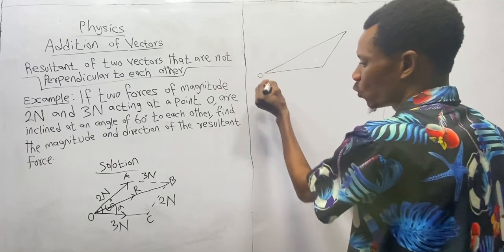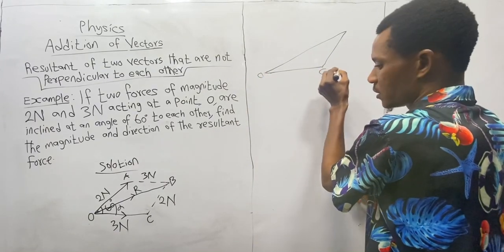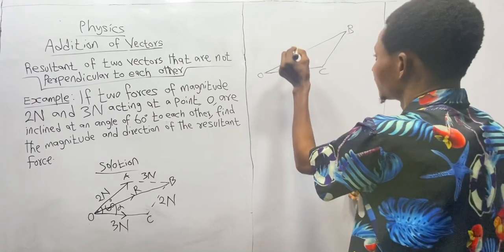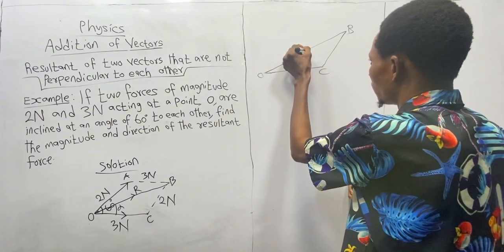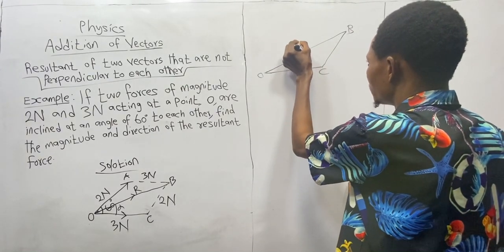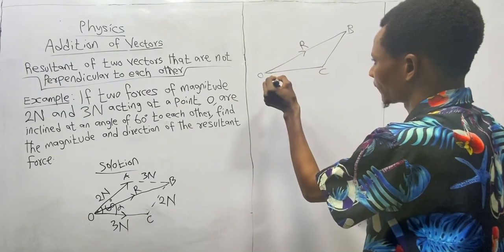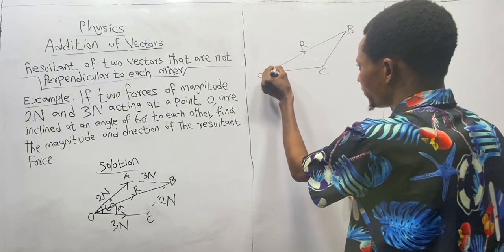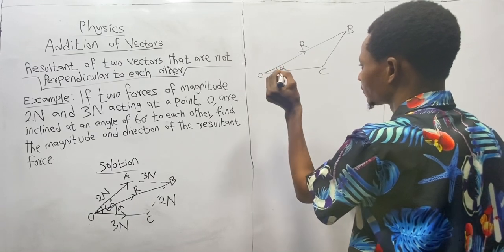Here is your point O, this is your point C, this is your point B, then this is the line arrow, then this is the angle that the diagonal makes with the horizontal, which is the alpha.